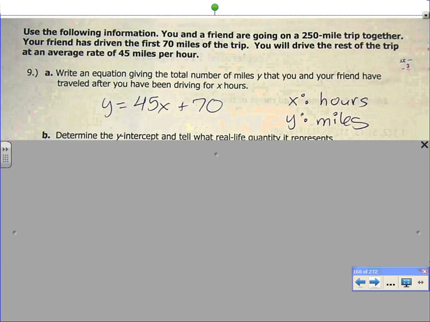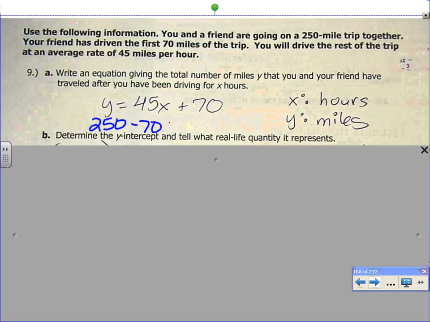The second part right here is where you plug in 250. So what Josh told me, 250 minus 70 equals 45x, is the same thing as what I put up, except you move the 70 over and plug in 250 for y.